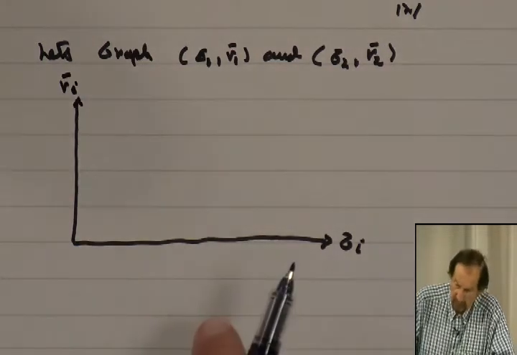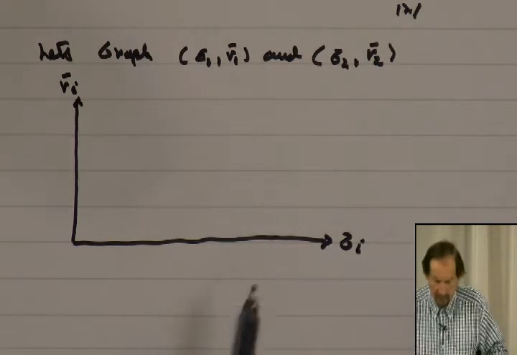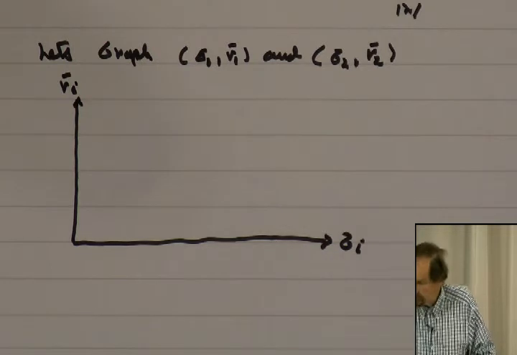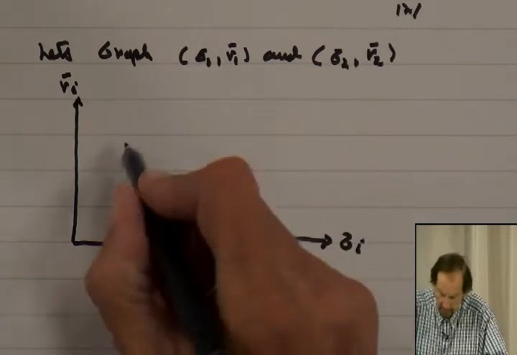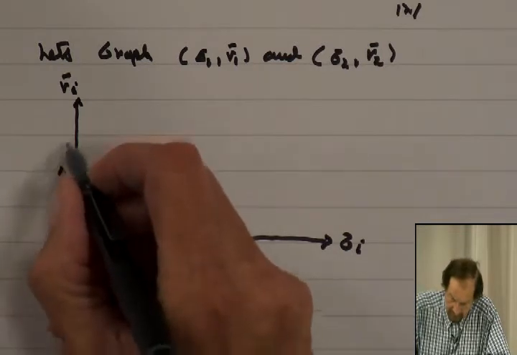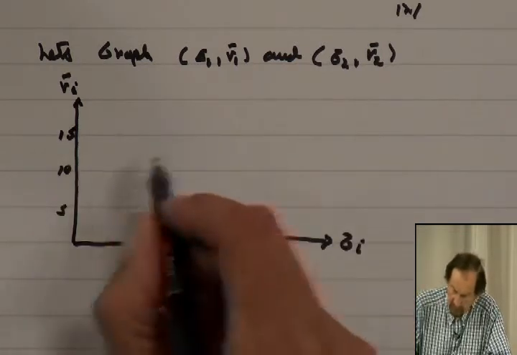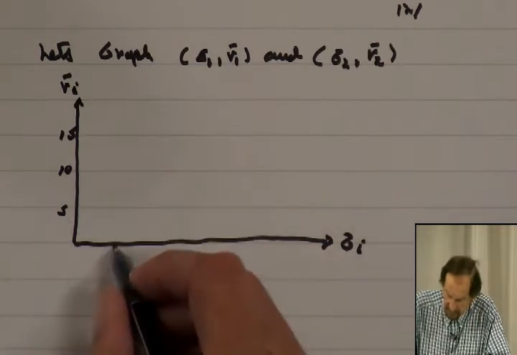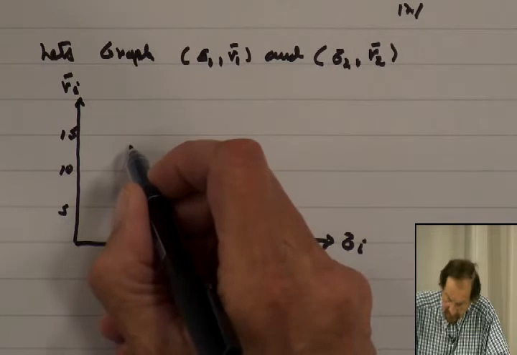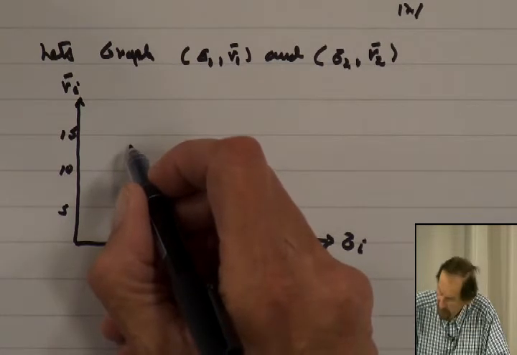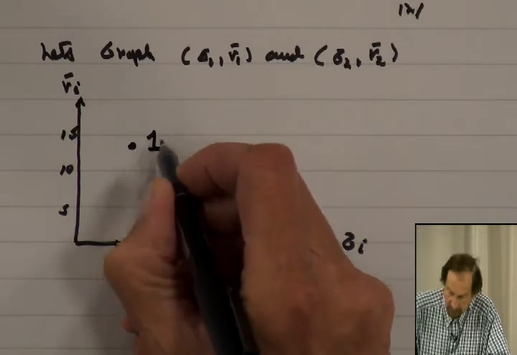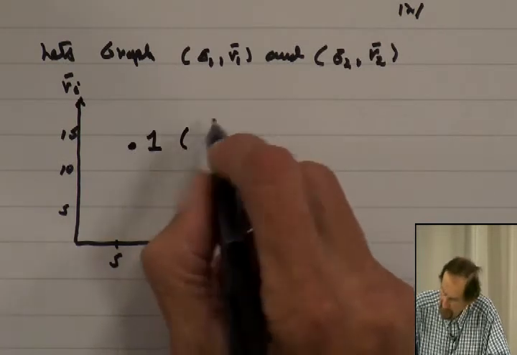Okay, so the first guy has what? It has a return of 14 and goes out to 6. So let's say 5, 10, 15. So it's 14, and this, say, is 5. So this is 1, at sigma 6 and return 14.